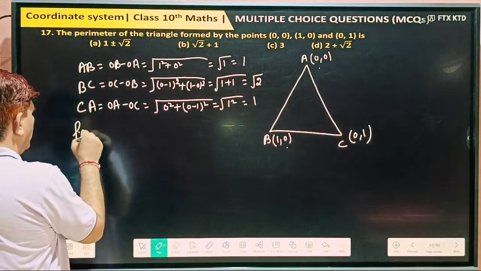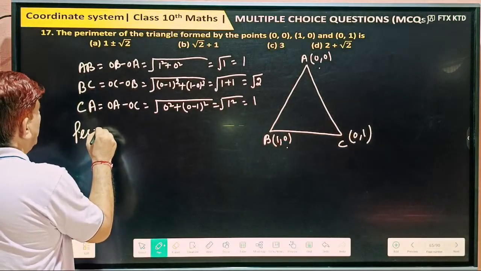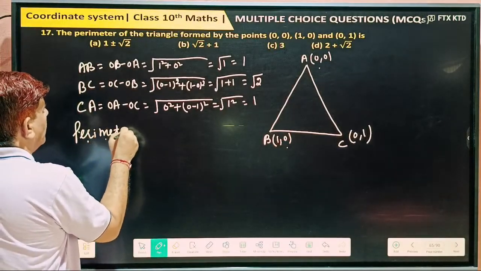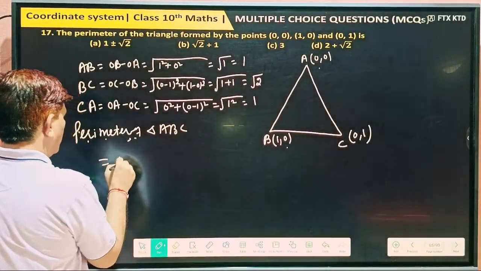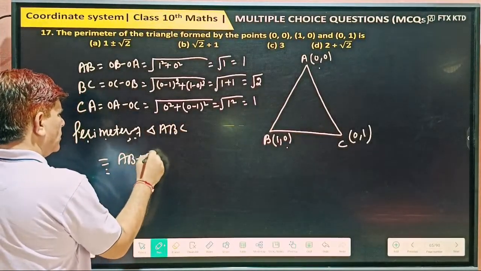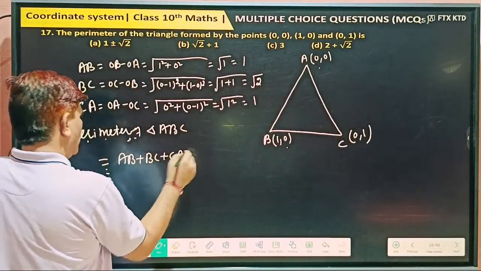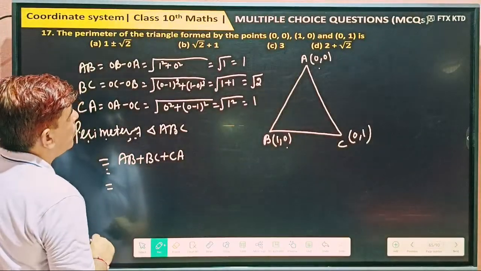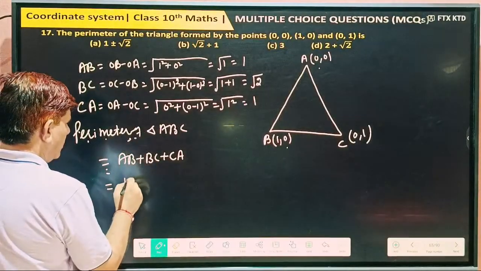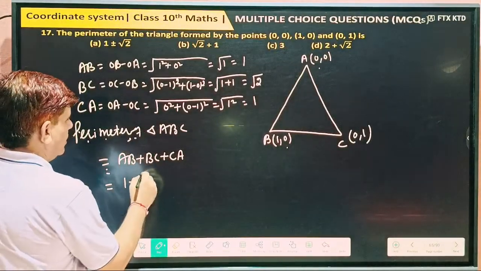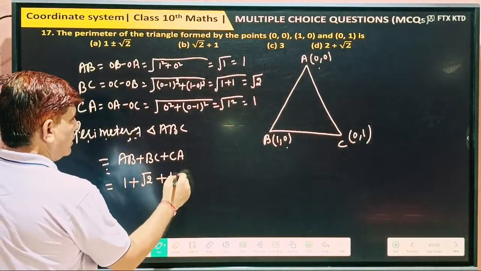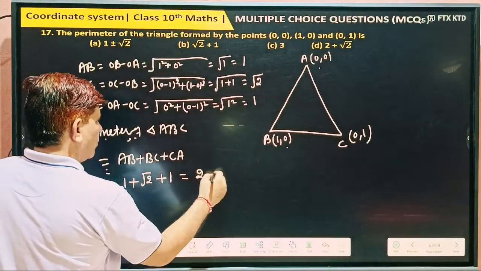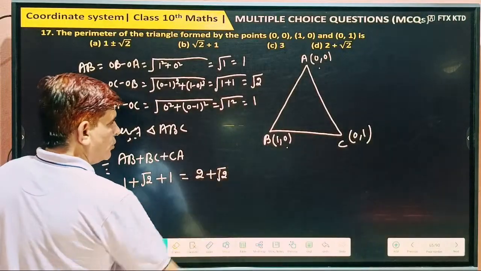Perimeter of triangle ABC equal to AB plus BC plus CA. What's your AB? 1. What's your BC? Under root 2. What's your CA? 1. So it becomes 2 plus under root 2.